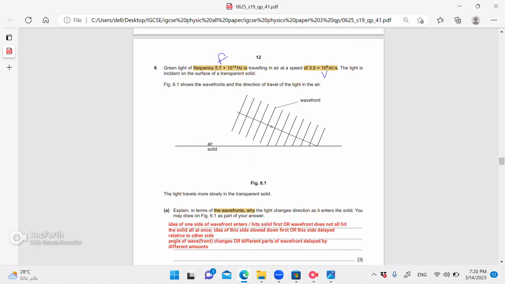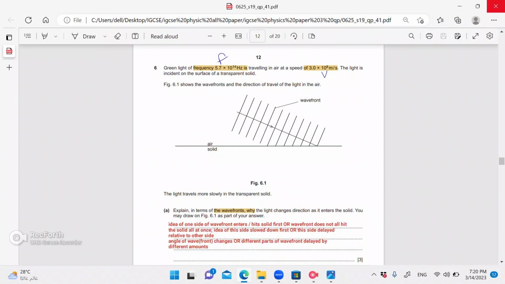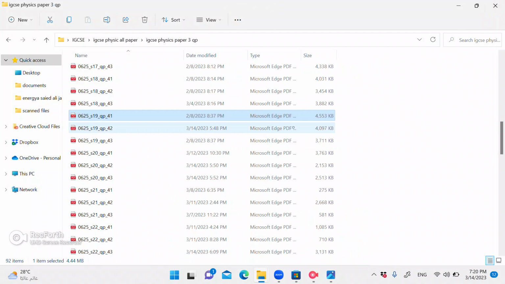The first one you write, all the wavefronts will not hit together. The second point you can write is the angle of the wavefronts will change at different parts of the wavefront, delayed by different amounts of time.